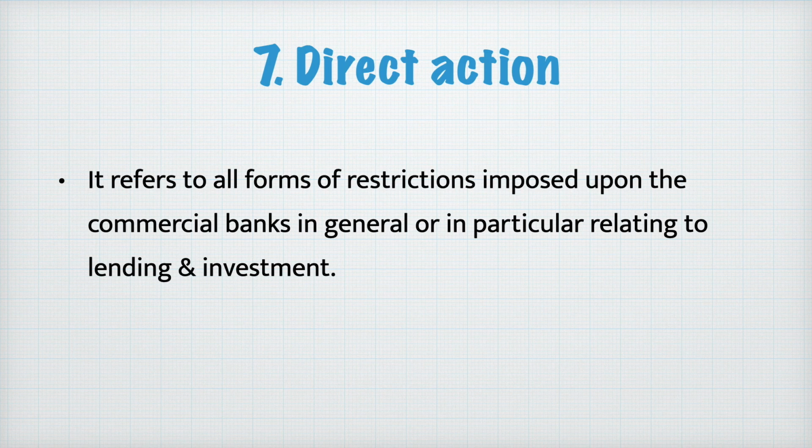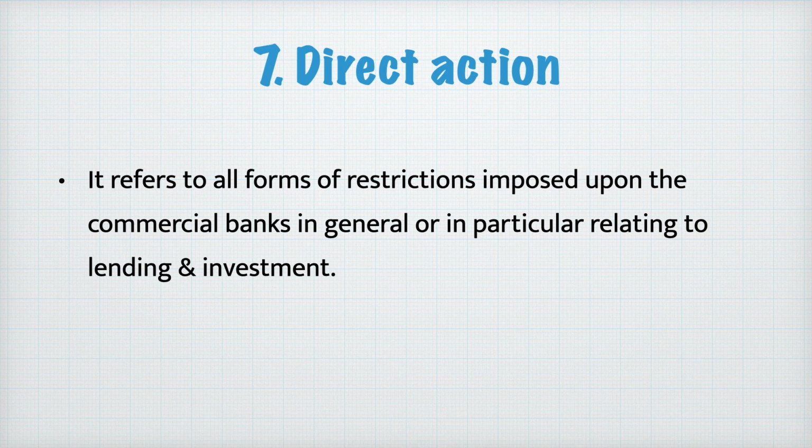And all the decisions are taken with the objective or purpose of what? Development of economy, to control the money supply for what? Avoid unnecessary speculation, as we discussed in the last class. So this is the final point, direct action, that is all forms of restriction. Generally, it can refer to the bank timings, or the amount of deposits held, amount of loans given, or in particular where the banks can invest, where they should not invest, to what kind of people, what credit limit it can allow.